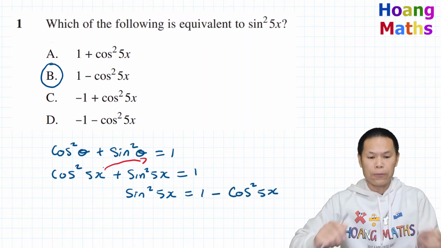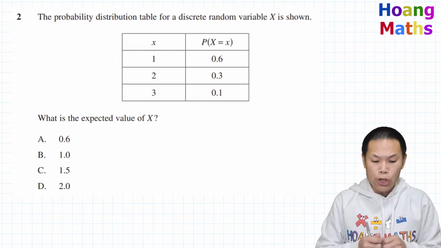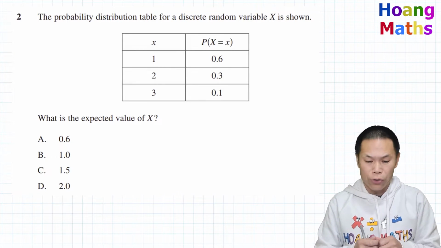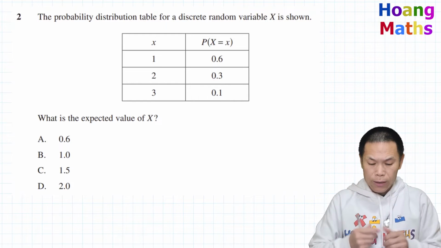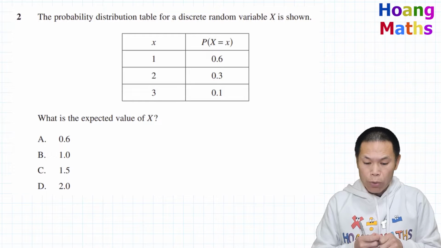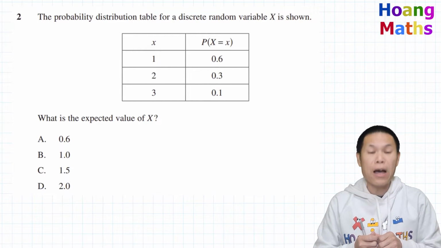Question number 2. The probability distribution table of a discrete random variable x is shown. We have x as 1, 2, 3, and the probabilities are 0.6, 0.3, and 0.1. What is the expected value of x?